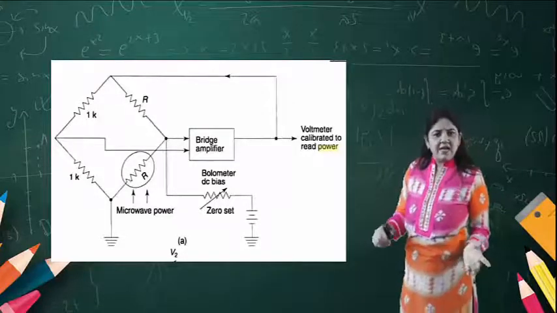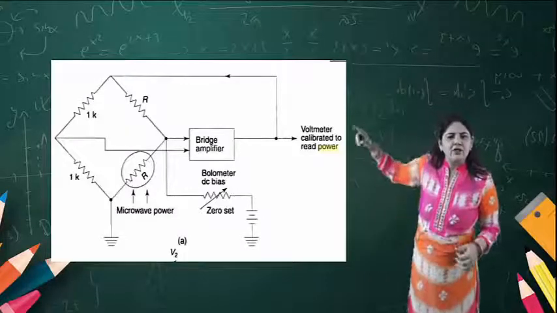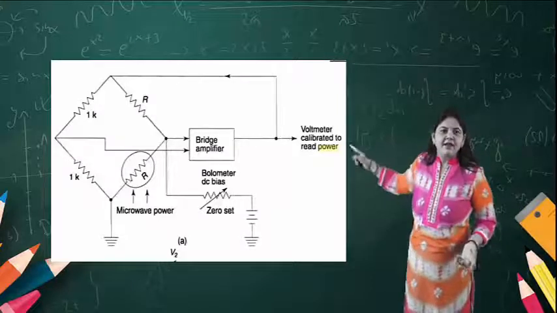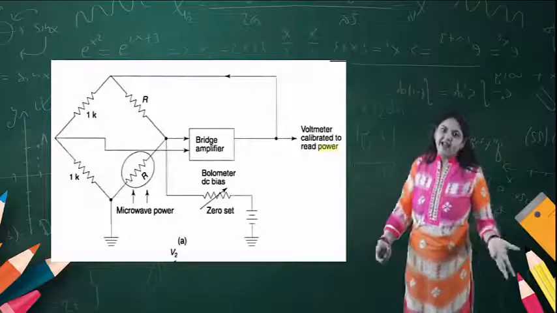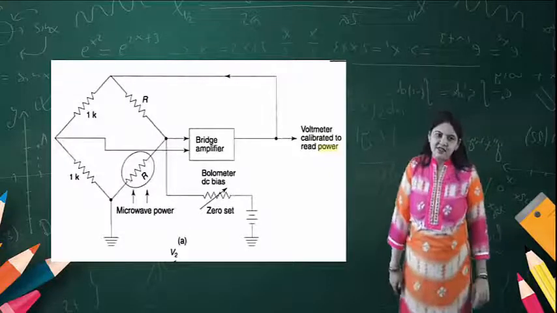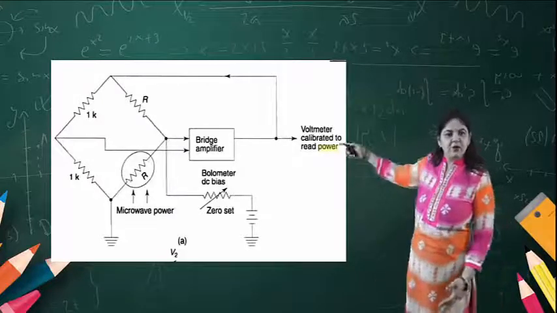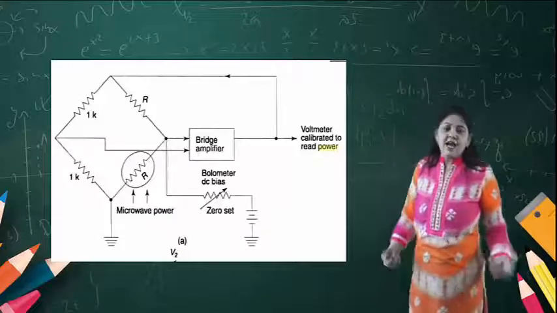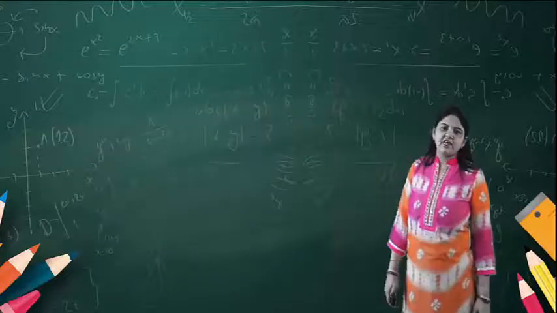According to that resistance variation, the voltage at that terminal also varies, and the voltmeter is connected here so you can measure the power value. The V1, V2 values are given to the bridge amplifier, which is connected with the voltmeter, and we can read the power.